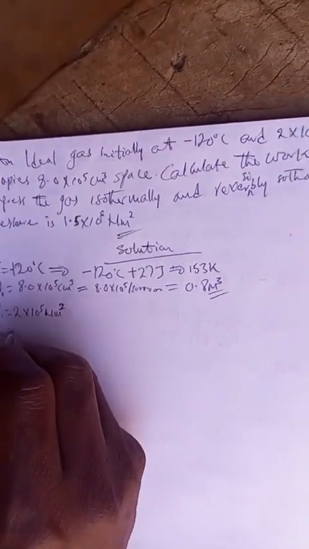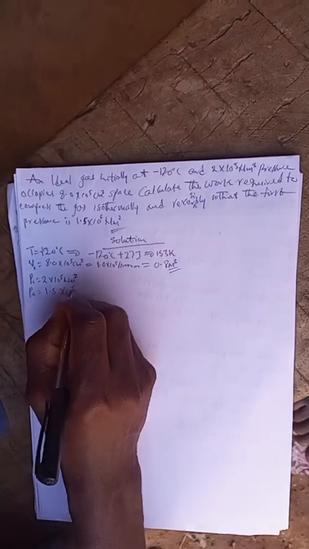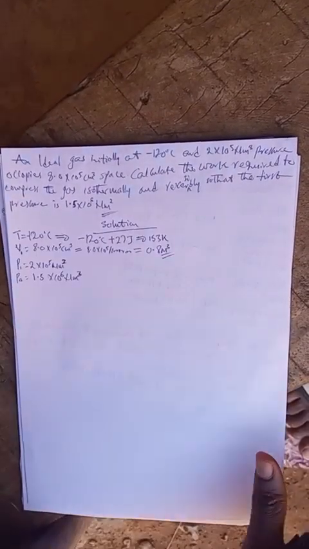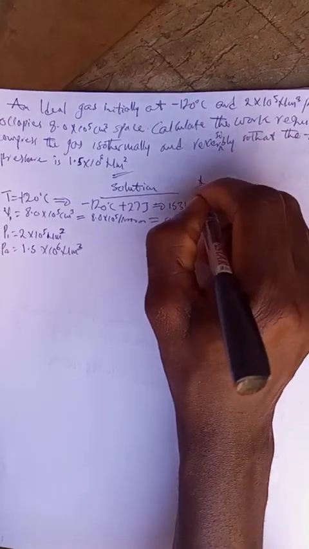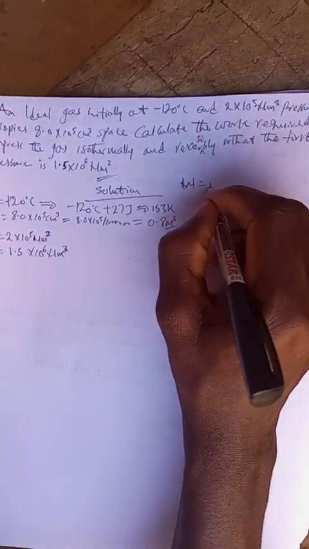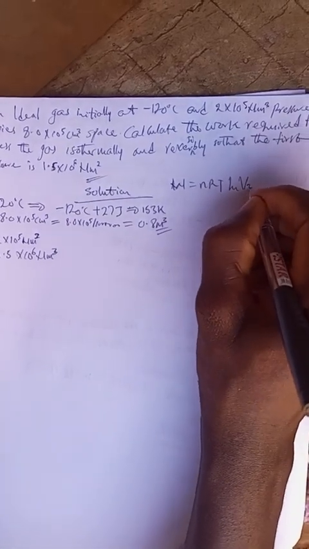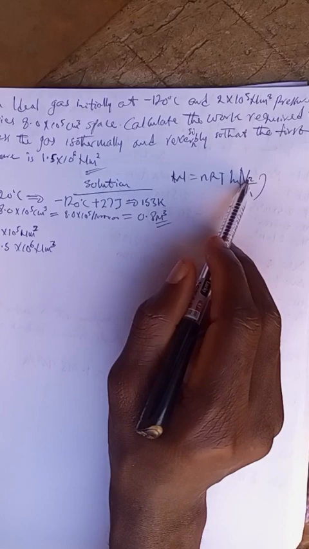Then P2 is equal to 1.5 × 10^6 N/m². Before we can use the formula W = nRT ln(V2/V1), which is the normal formula we are supposed to use, we need V2, and we don't have it. So we need to look for V2, the final volume.